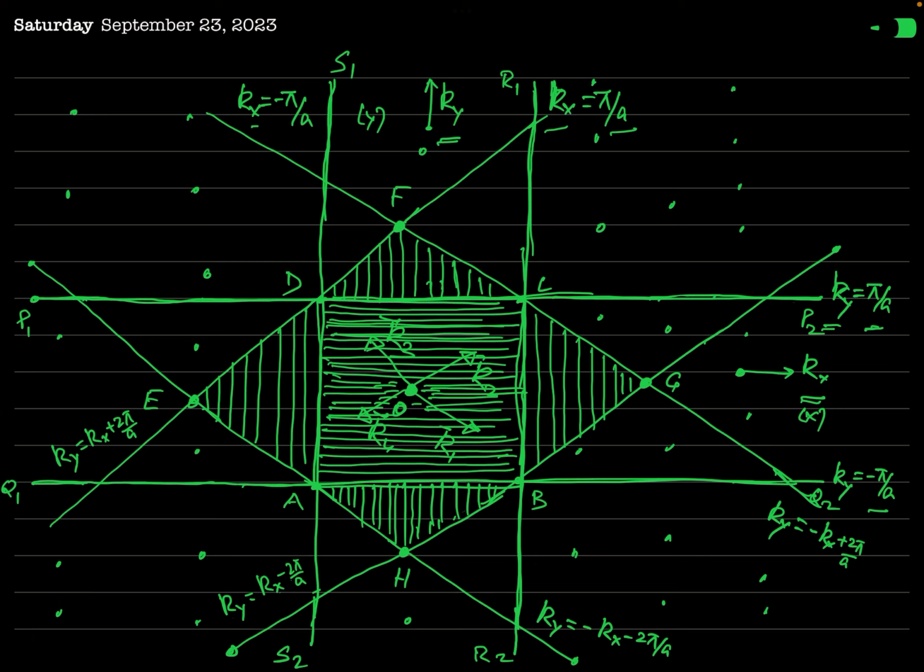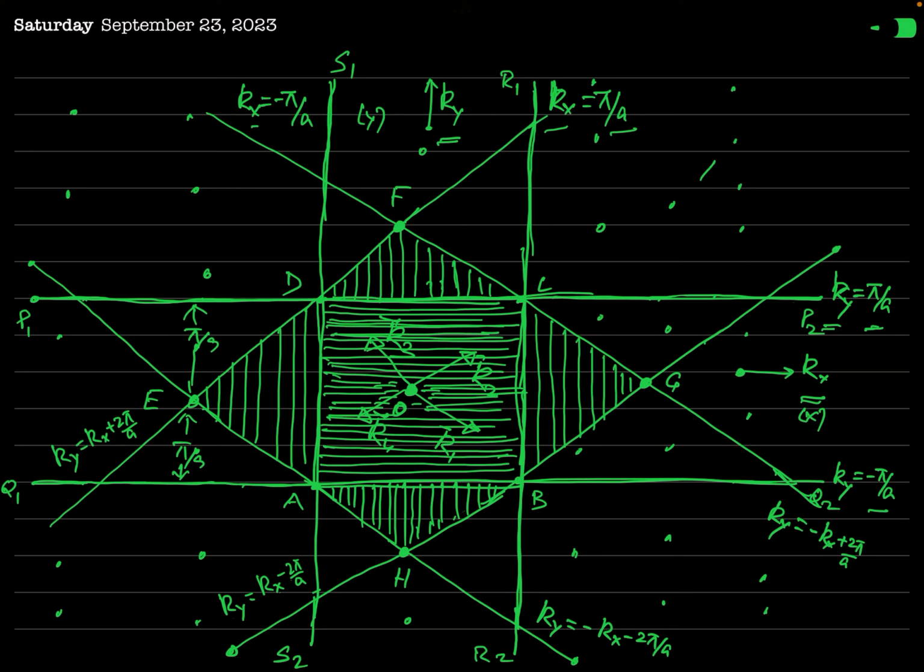Okay? In fact, this square, whose side length will be what? You can see, actually, this distance is pi by a, and this distance is also pi by a. I am not writing minus pi by a, I am writing only the absolute value.